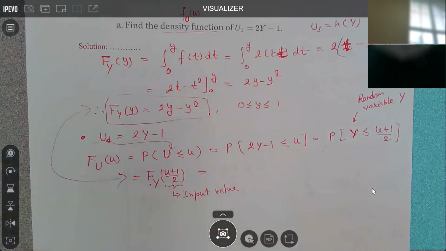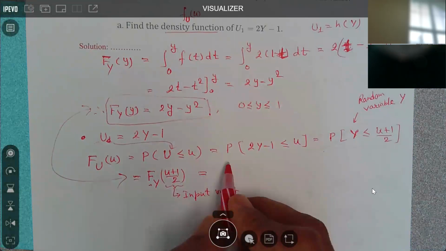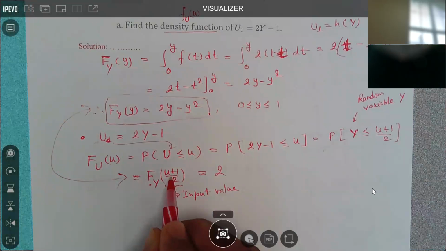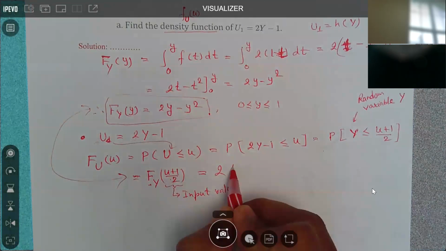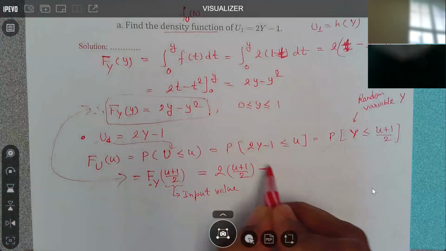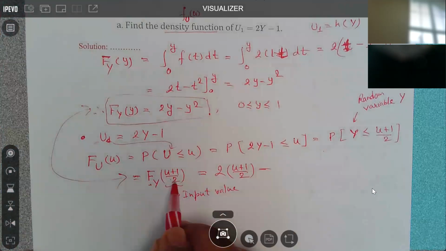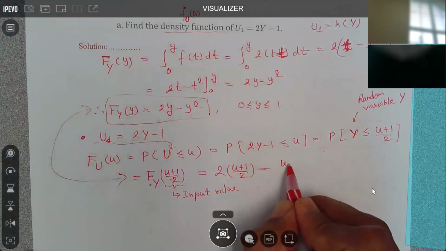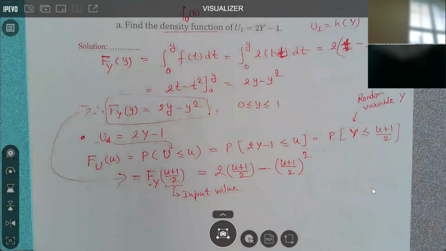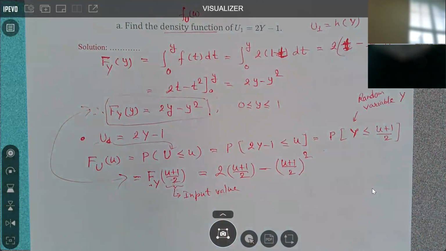So this is equal to 2y, where the input is now (u plus 1) over 2. So 2 times (u plus 1) over 2, and minus y squared. In place of y squared, you have to plug in this value here, (u plus 1) over 2, squared.